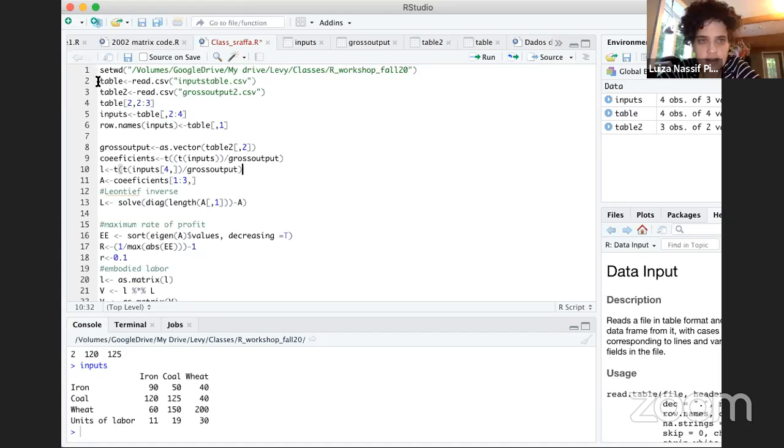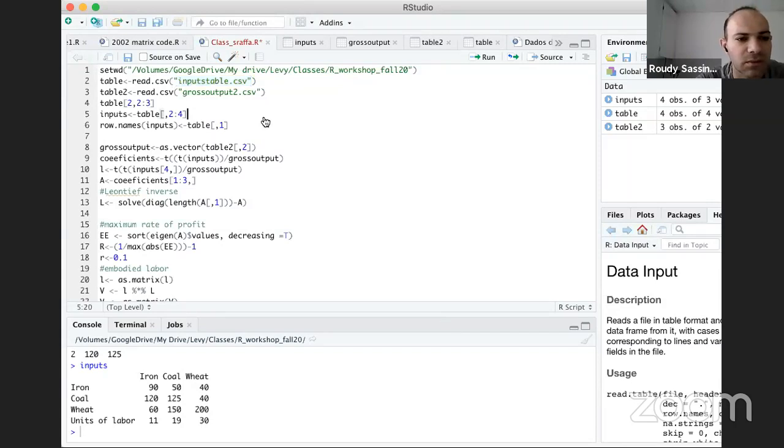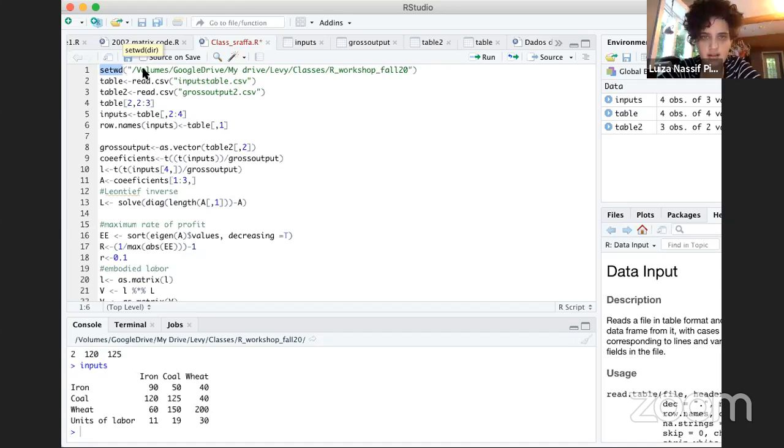So you're gonna say read.csv and then put the name. So you're gonna use this command. Okay. But for that to work, you need the table to be saved in your working directory. Which is where? Whatever you set it to. So this line here is saying use this folder as my working directory. Changing the working directory has a whole syntax problem, which is different for a Mac or a PC.